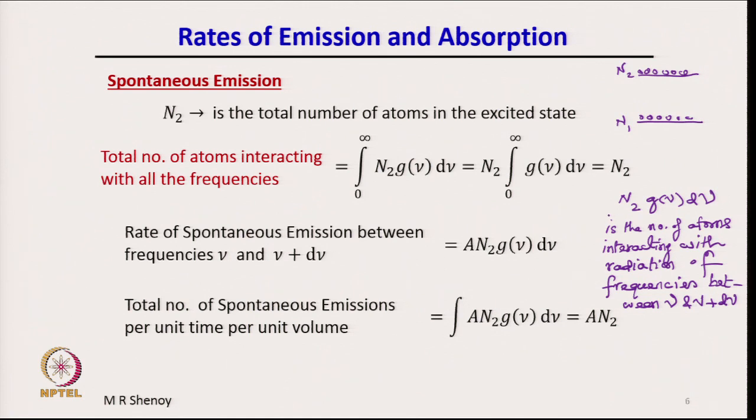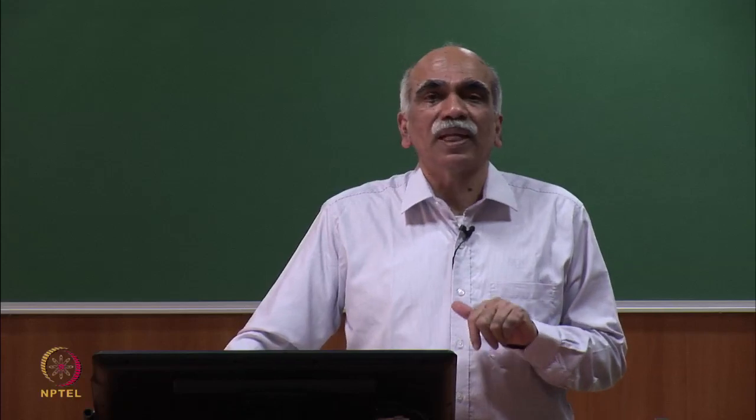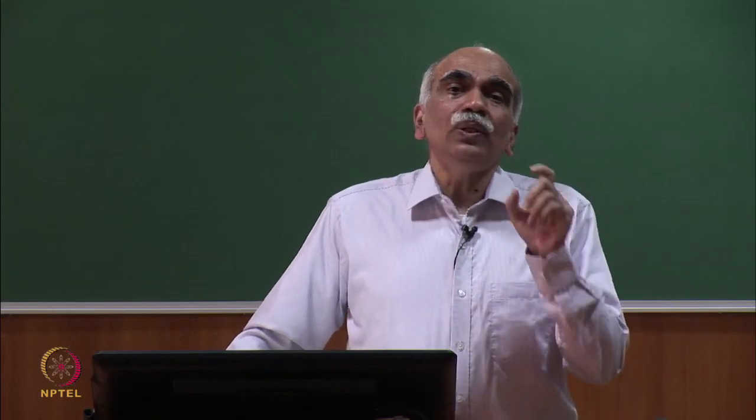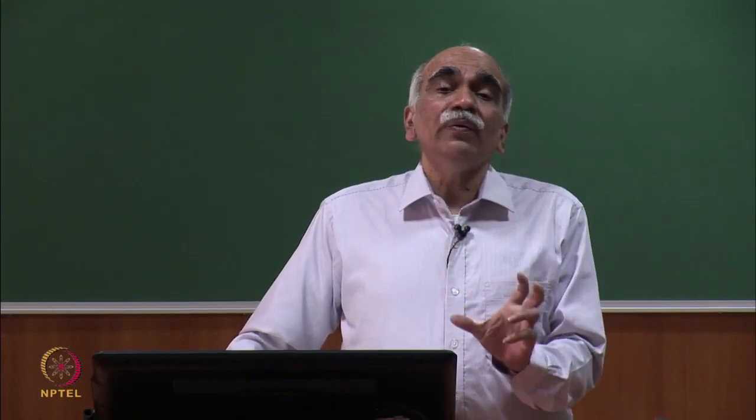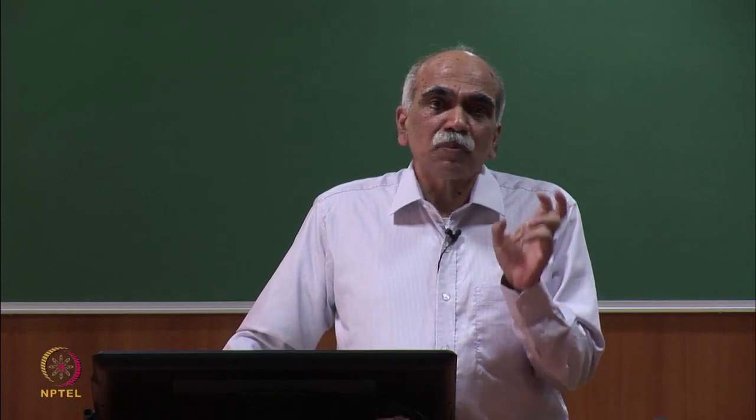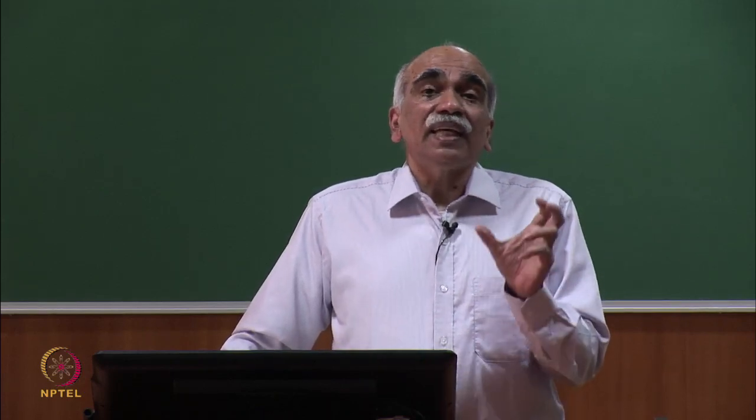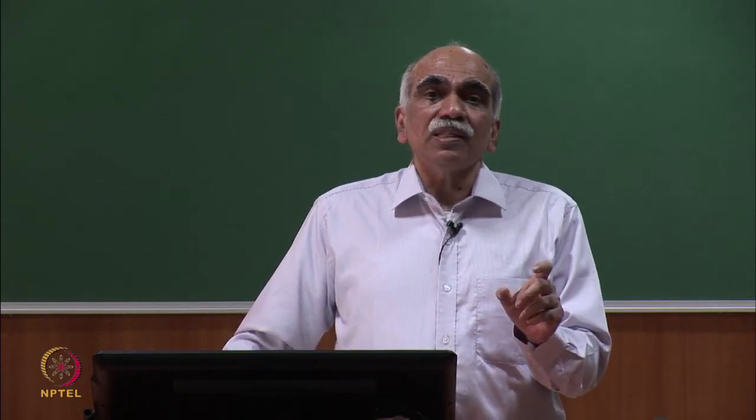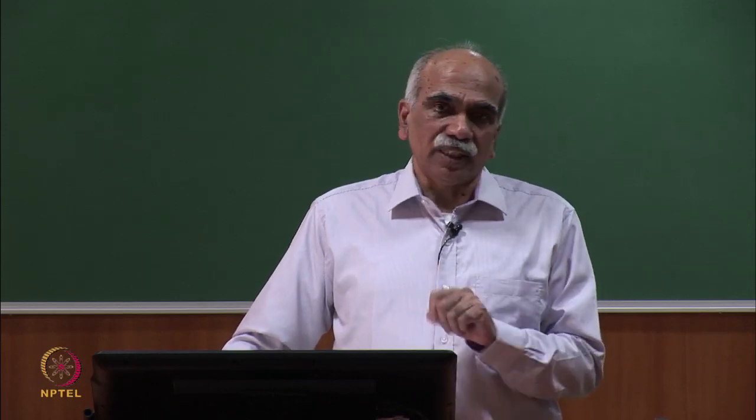Because G nu d nu represents the probability that an atom interacts with the radiation of frequency between nu and nu plus d nu, N2 into G nu d nu will give the total number of atoms per unit volume interacting with frequencies between nu and nu plus d nu.